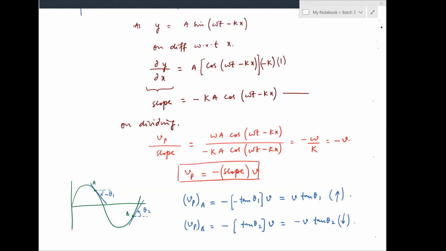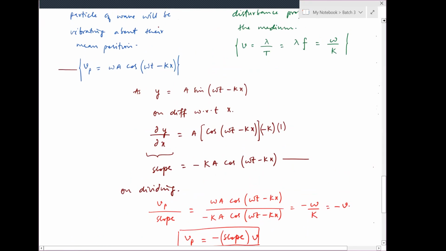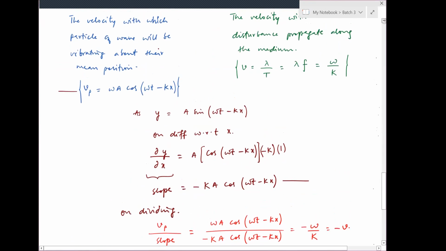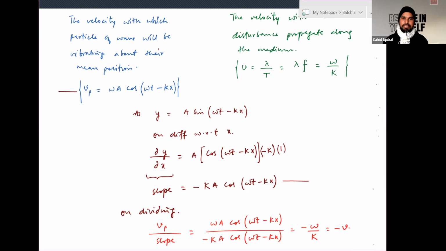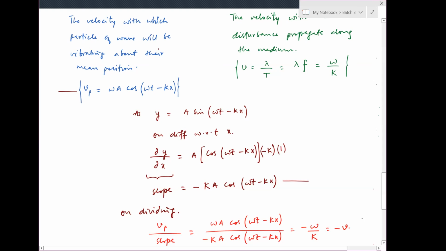I can't see the top part. Okay, sir. Atif, is it glitching again? No, sir, it's not. Okay.